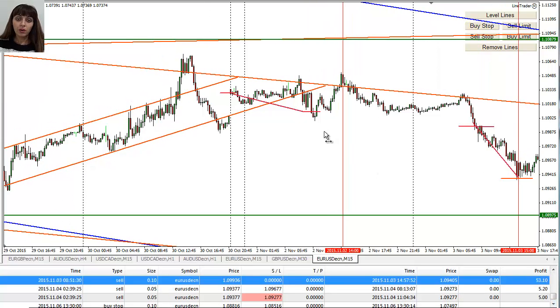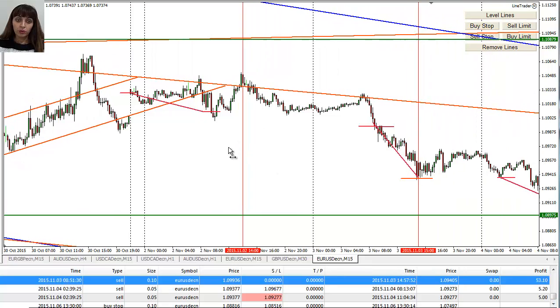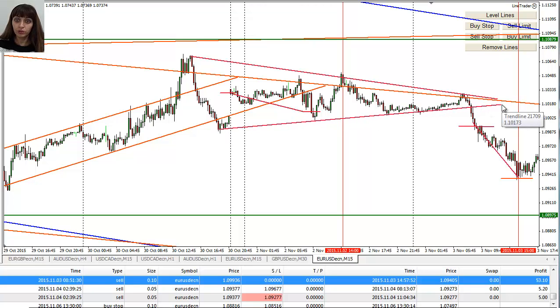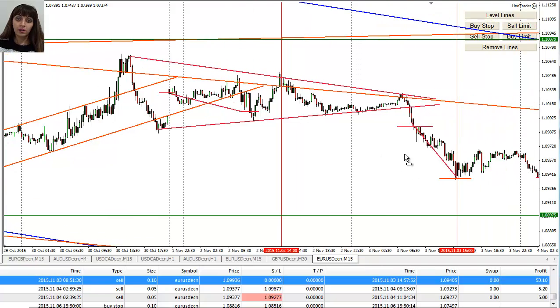And what we have here is a triangle. That's the pattern, one of my favorite patterns, and you already know the system. That was the triangle pattern, so that was finding any patterns or channels before the European session.